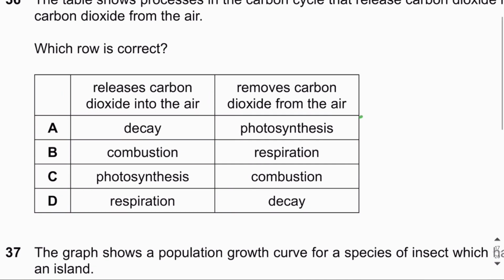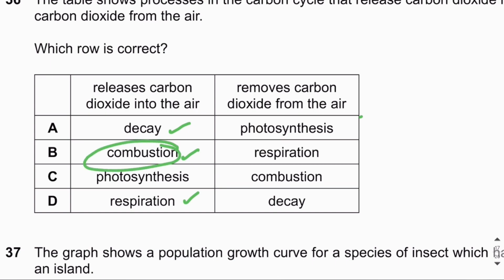So, processes that release carbon dioxide into the air are decay, combustion, and respiration. You need to know that photosynthesis is a process which takes carbon dioxide away from the air. Whereas in decay or decomposition, the decomposers are feeding on the dead matter and they are carrying out respiration. So carbon dioxide is being released in the environment.